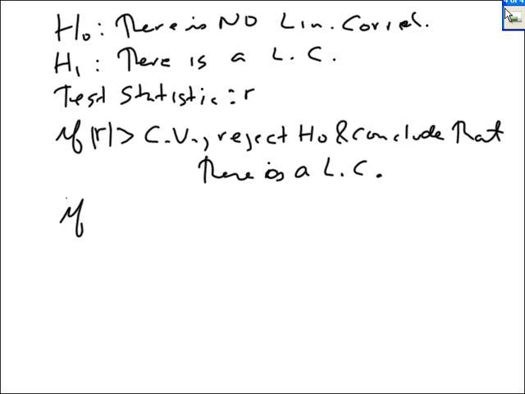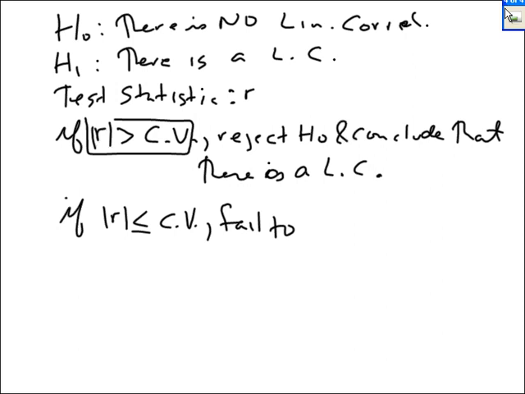If, on the other hand, r is not bigger than the critical value, that does not mean it's less than the critical value. It can equal it. If r is not bigger than the critical value, that is, it's less than or equal to the critical value, well then, we fail. See, here we reject H0, now we fail to reject H0.